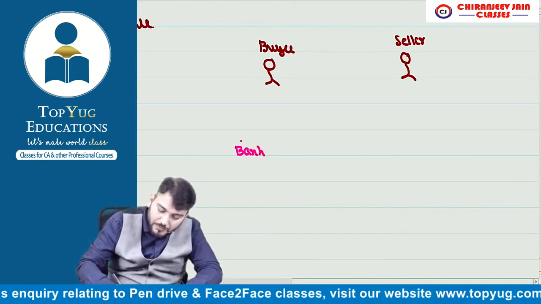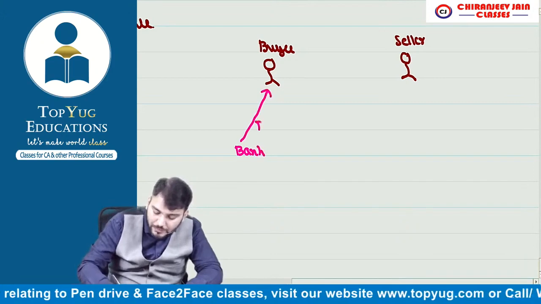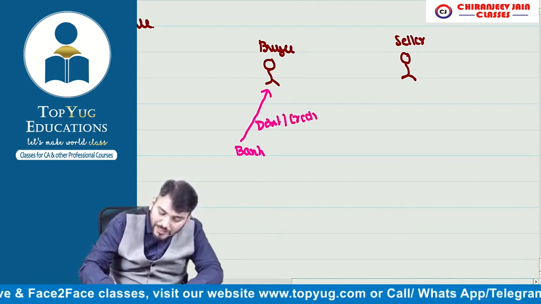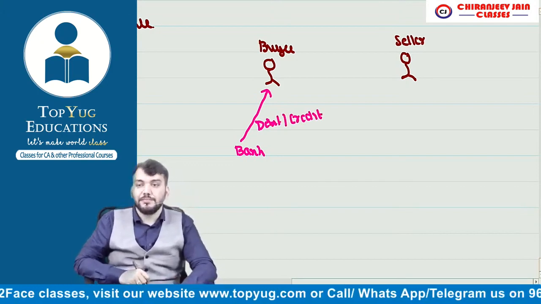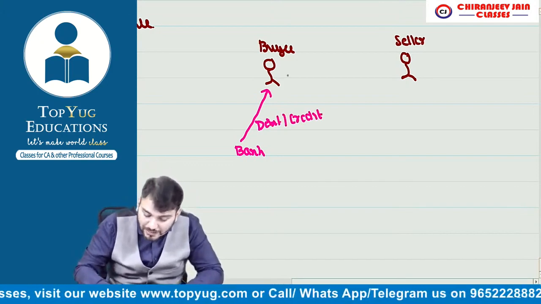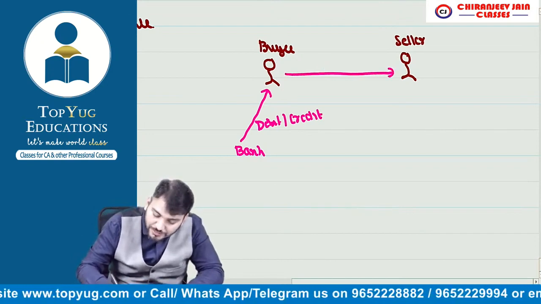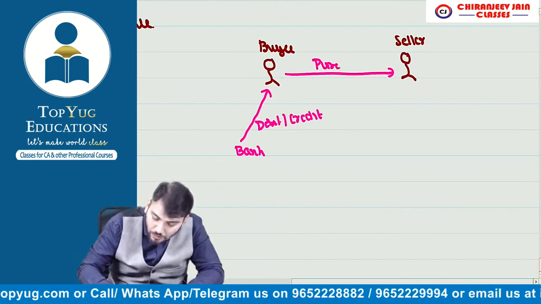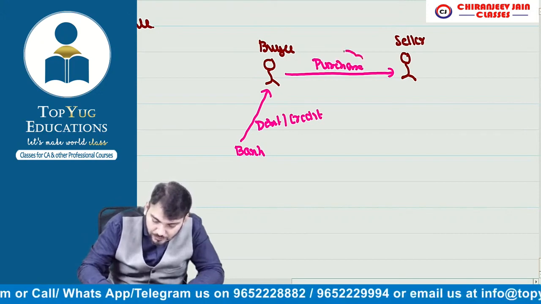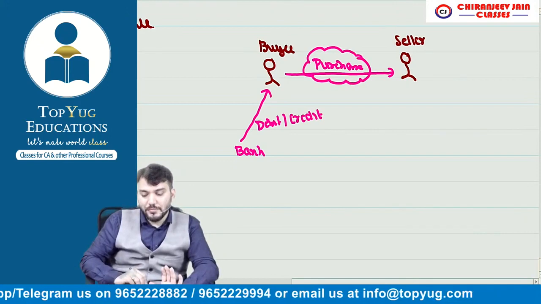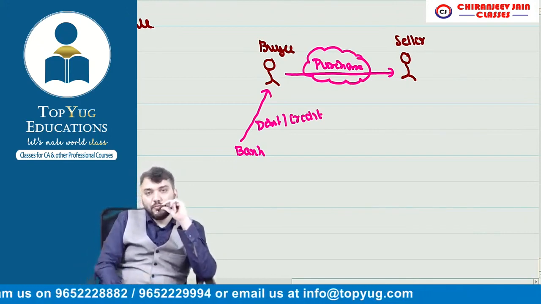बैंक has given debit card और credit card to buyer. Now the buyer will use this card for purchase of any goods from seller. आप मेरी बात समझ रहे हो?